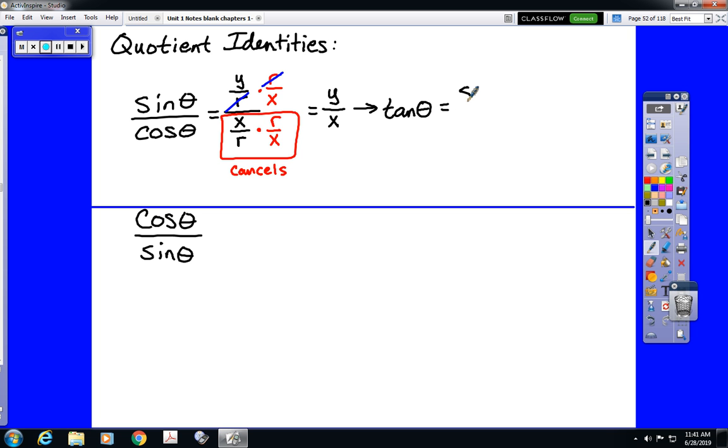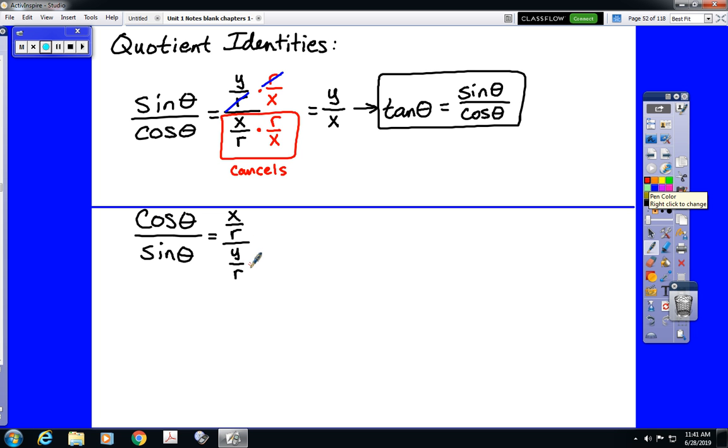So that allows us to say that tangent is sine over cosine. And if you've done any trig in your algebra classes, you may have already known that, but you've probably never seen it derived. If we do the opposite, if we put cosine on top and divide by sine, then we are looking at x over r divided by y over r.